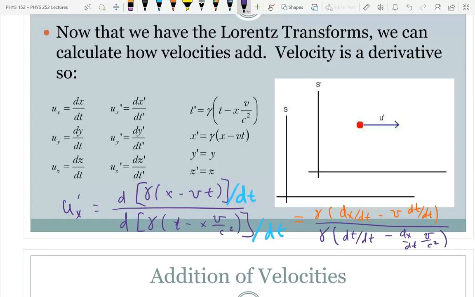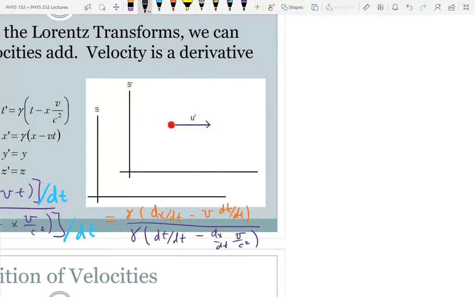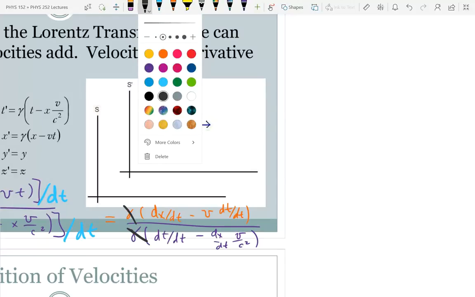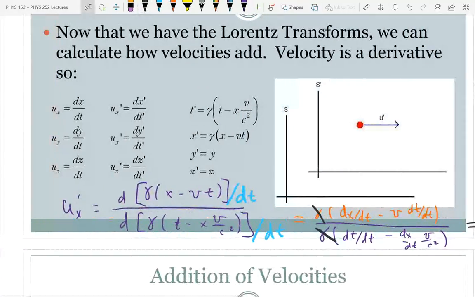So there I've done the derivatives. And now it's just simplifying. Notice I have a gamma on top and bottom. Cancel those. What's dx dt? That's the ux.